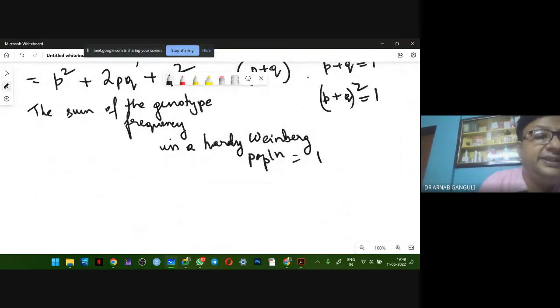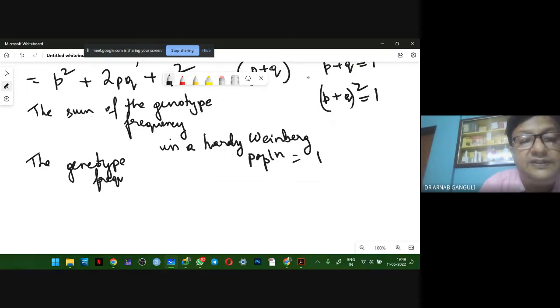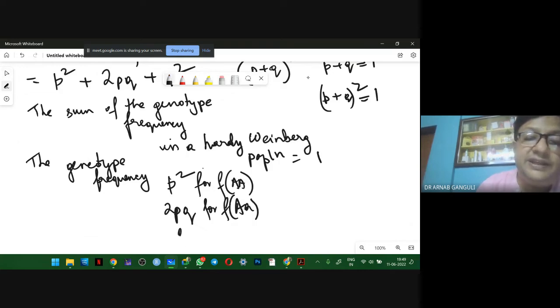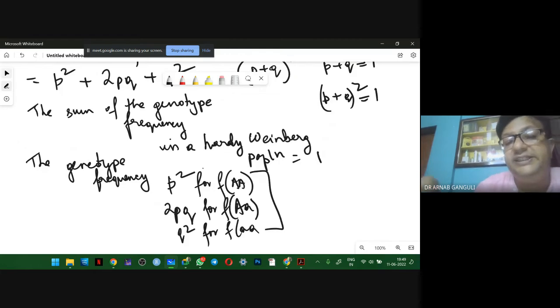You can see that the genotype frequency P square for frequency of AA, 2PQ for frequency of Aa, and Q square for frequency of aa. So these are the genotypic frequencies.